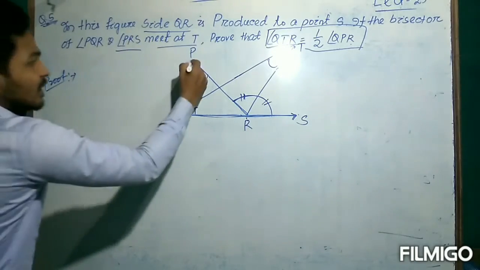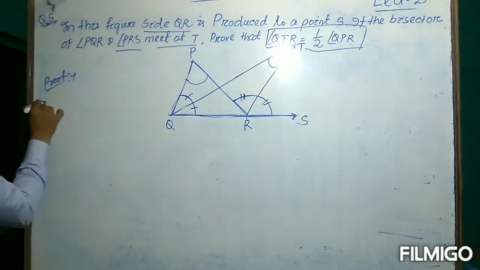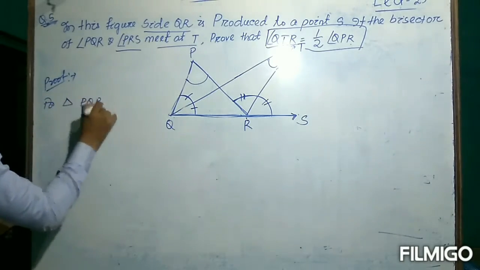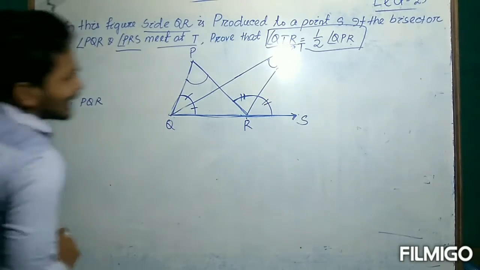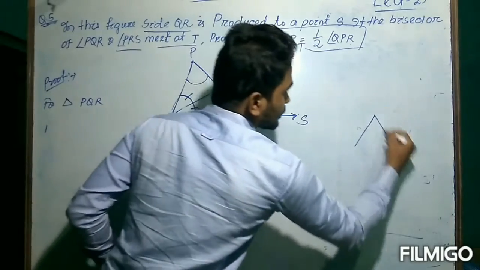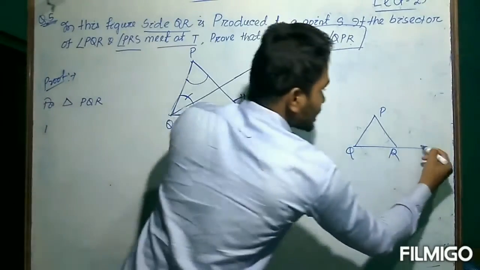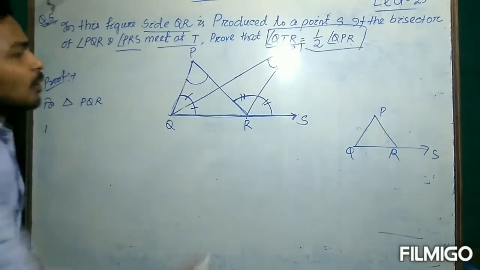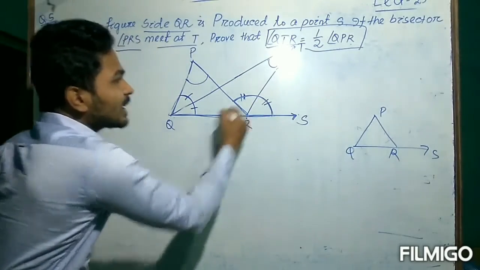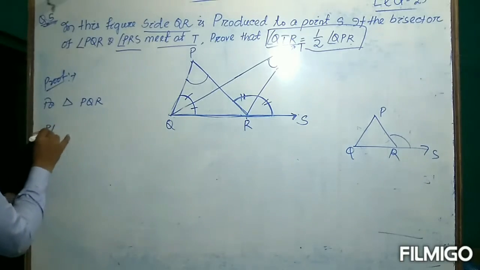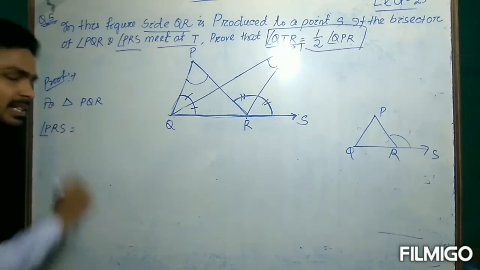First, consider only the triangle PQR, with this point S. Now, this is an exterior angle, yes or no? Yes, this is an exterior angle. So, PRS is an exterior angle.